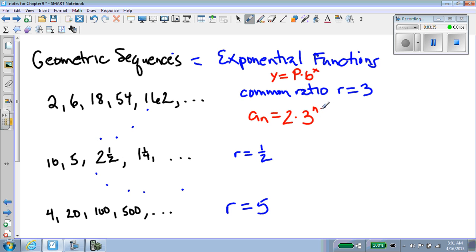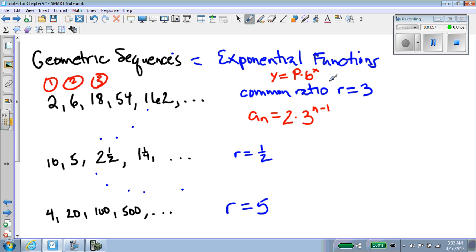So if it's your first term, you want 1 minus 1, no factors of 3. If it's your second term, you want 1 factor of 3. If it's your third term, you want 2 factors of 3, because 2 times 3 times another 3.